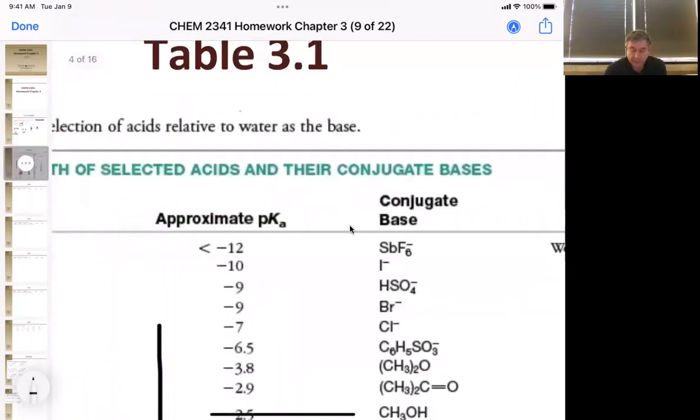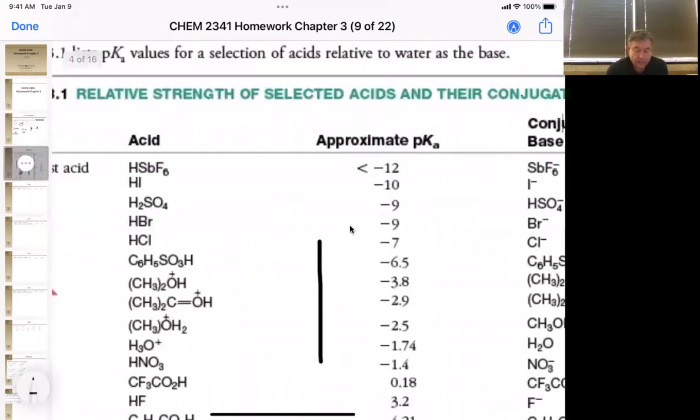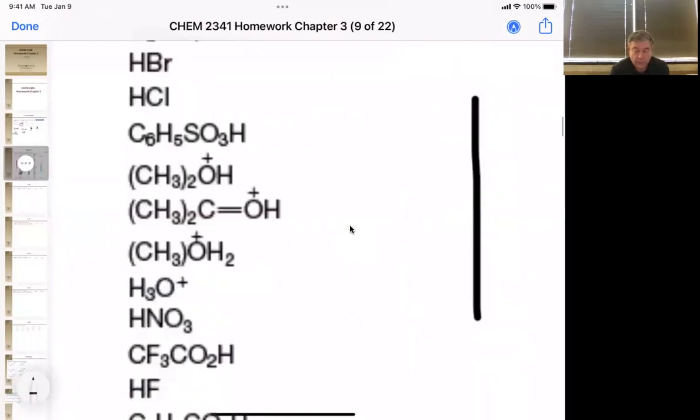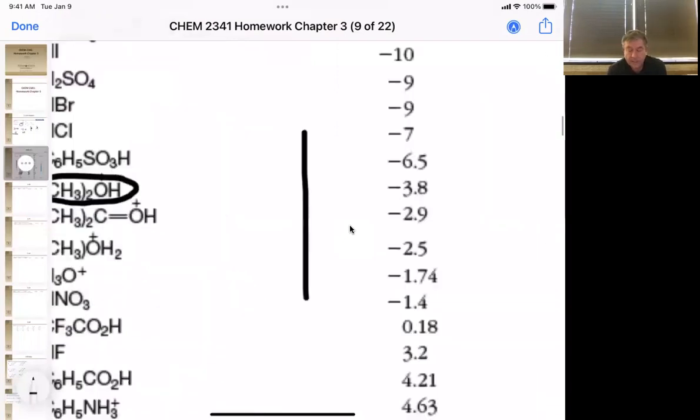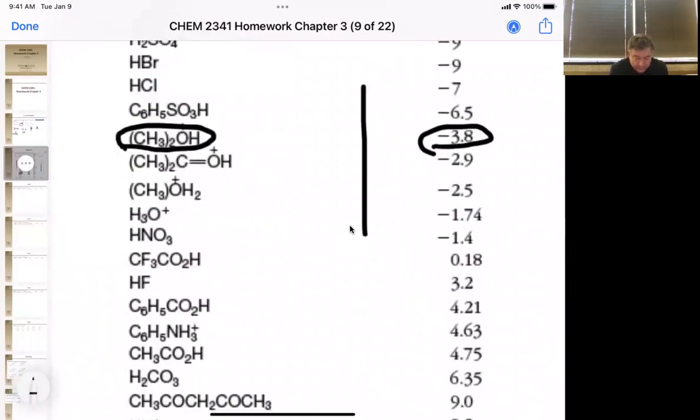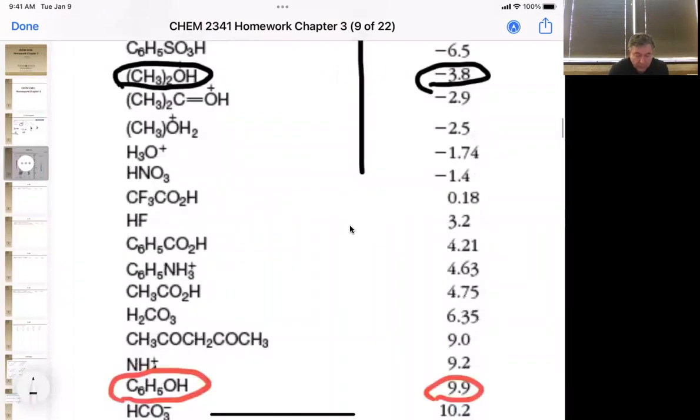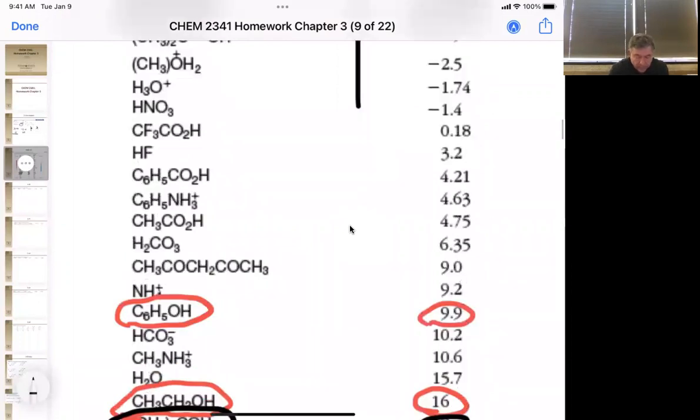Let's go look at our table right here. Do we have anything that looks like this? This is an ether with an OH on it right here, and it has a pKa of -3.8. And let's find a nitrogen with an alkyl group on it.